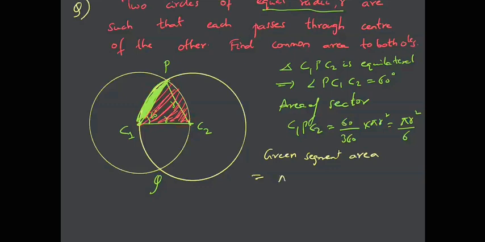So that is simply pi r square by 6 minus area of equilateral triangle, which is root 3 by 4 into r square. So you got the green area also, and you got the sector area also. Then if you just add this, you'll get this one and you can double it to get the answer.